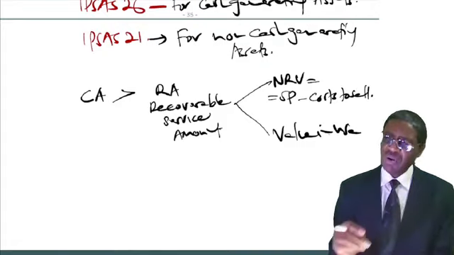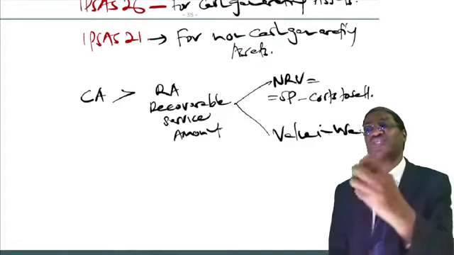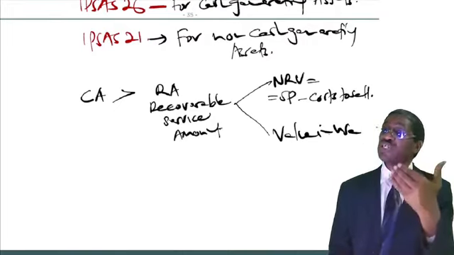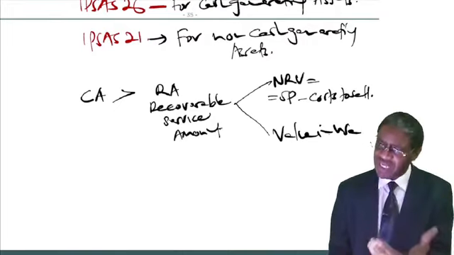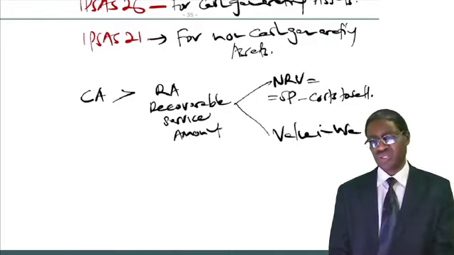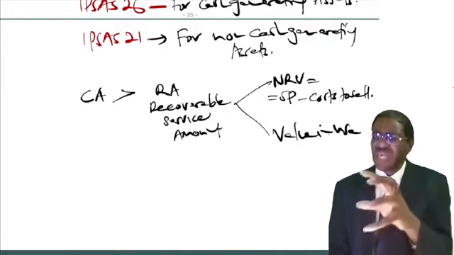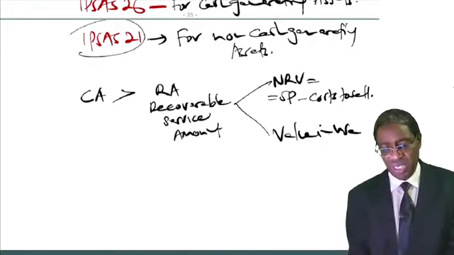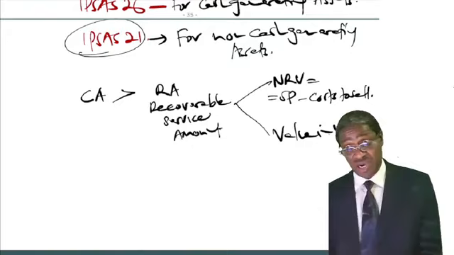But here now, we have an asset which cannot generate cash flows, and we are still saying compute the value in use. So how do we get the value in use? Under IPSAS 21, that's what I want to talk about now.